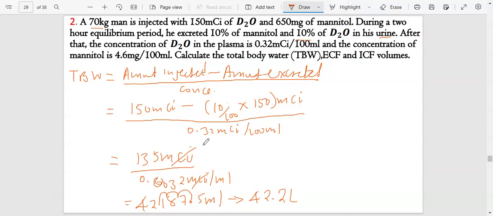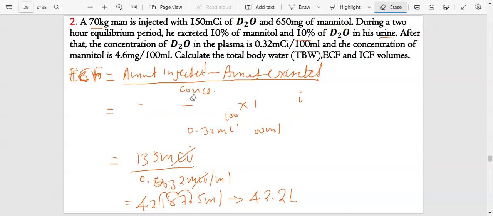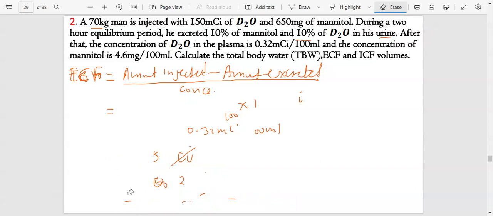And then we can also find the volume of ECF. Well, we know that when you are measuring the volume of ECF, what you use is mannitol. Let's take note of the value 42.2 which I found down here.